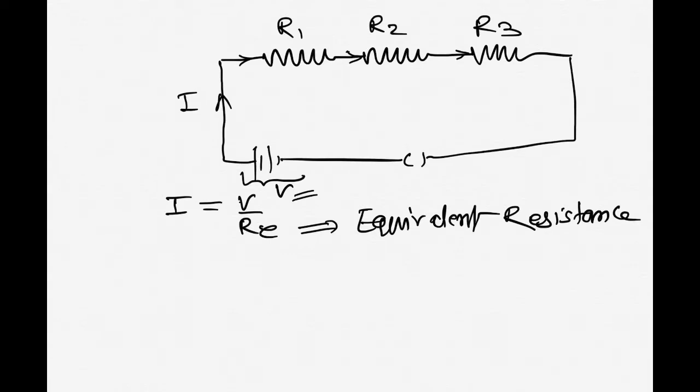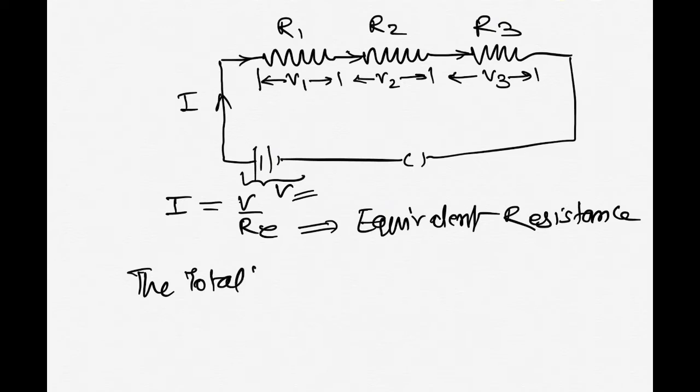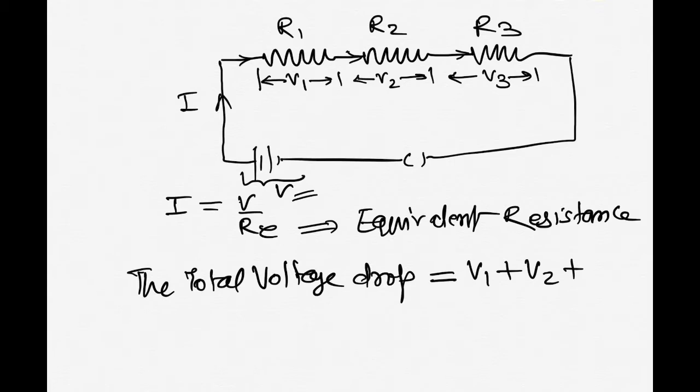So if V1 is the voltage drop across R1, V2 is the voltage drop across R2 and V3 is the voltage across R3, the total voltage drop across the resistors is V1 plus V2 plus V3.